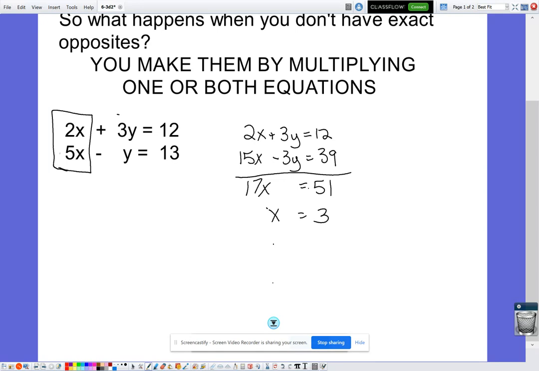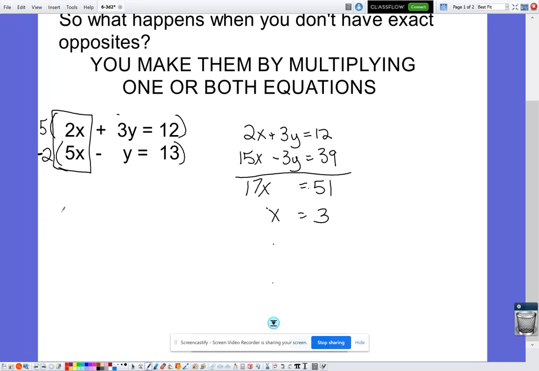And that's 10. So that would say I want to multiply this equation by 5 and this equation by 2 in order to get 10 on both of the x's. But because I want exact opposites, one of those numbers is going to be negative. Doesn't matter which one, but just one of them so that you get the exact opposites.